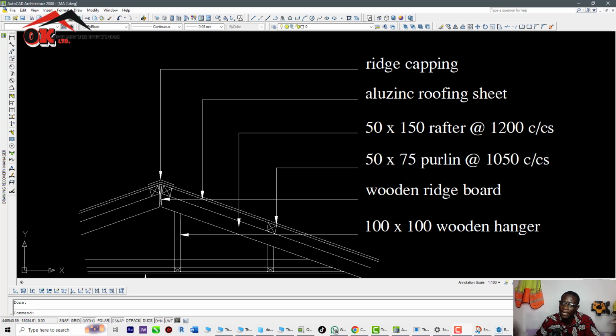So it is 2 by 3 inches board, as a wood, the palings. And the distance now is around 3 feet, 3.5 feet.